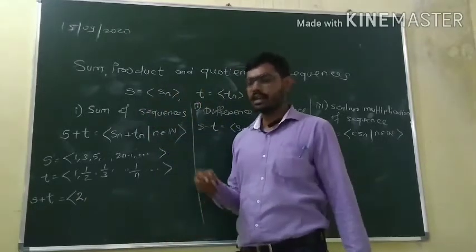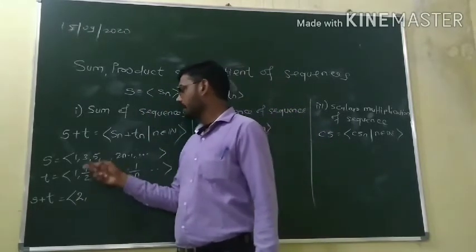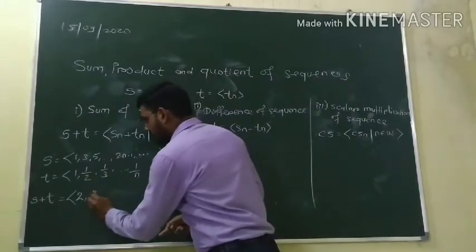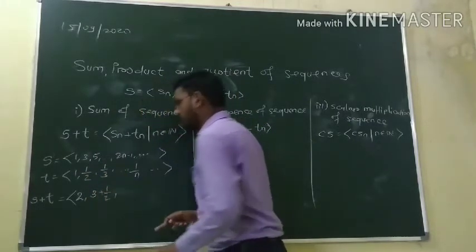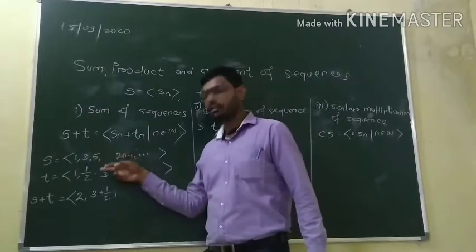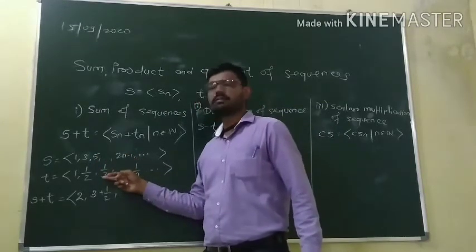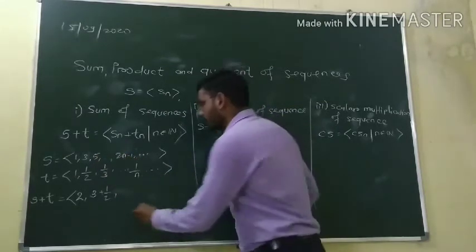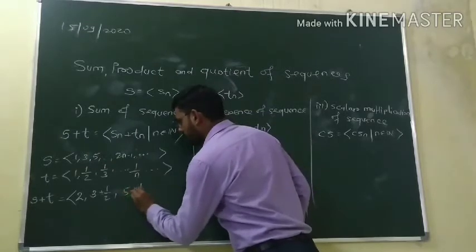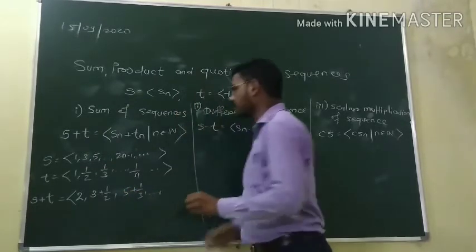Now similarly, the second term of the sequence becomes 3 plus 1/2. Then add the third term of S and the third term of T, which becomes 5 plus 1/3, and so on.